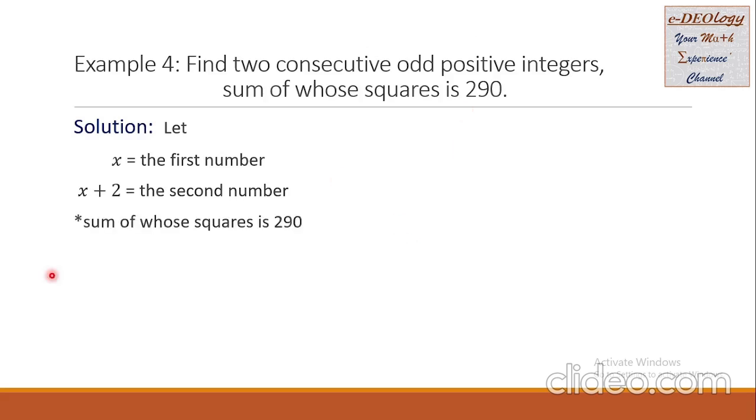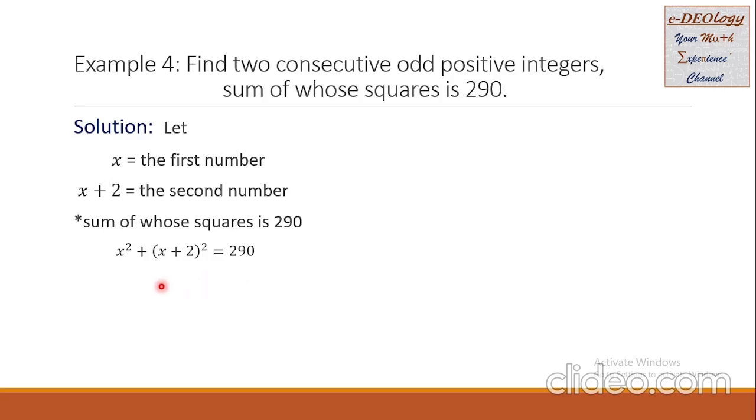Then it says the sum of whose squares is 290. So we will square each of these numbers. So x squared plus the square of x plus 2, and that is equal to 290.